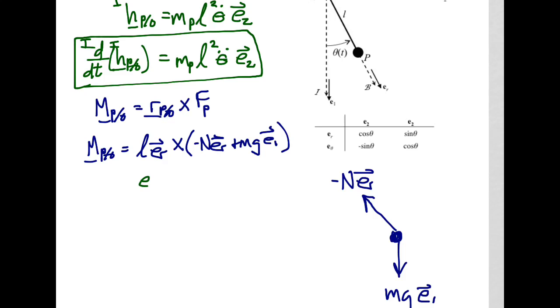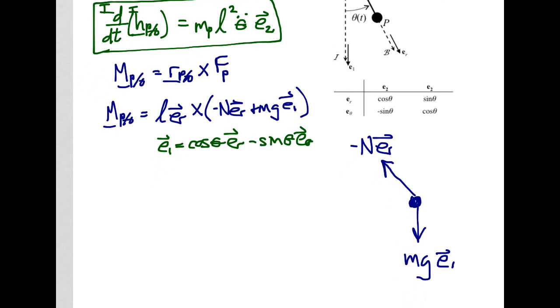That's only one vector: E1 is equal to cosine theta ER minus sine theta E theta. Let's make that substitution and expand our cross product.